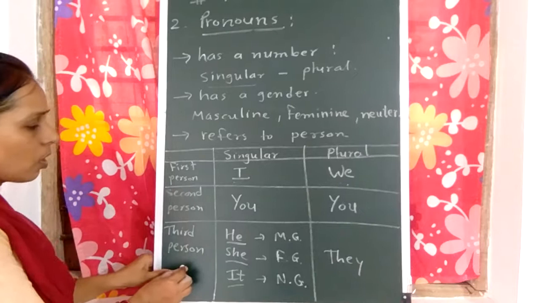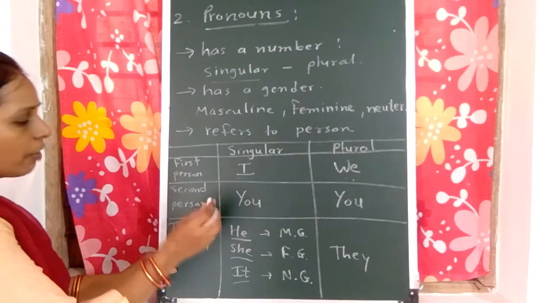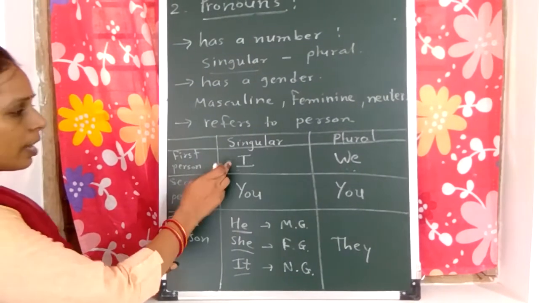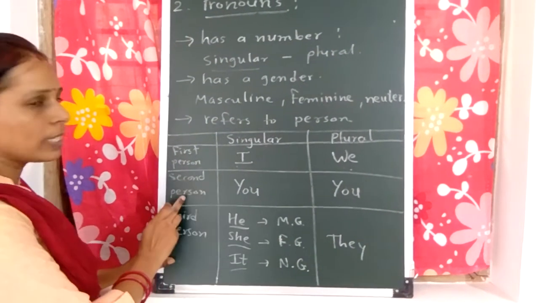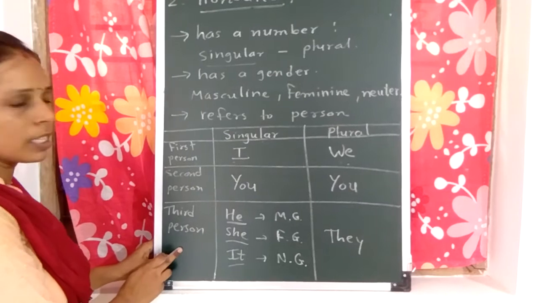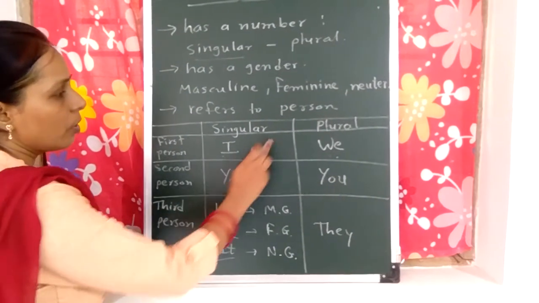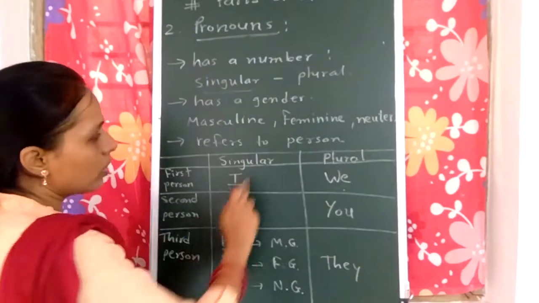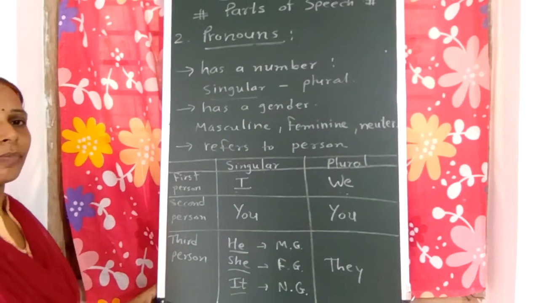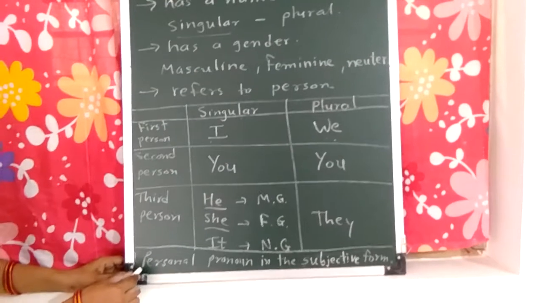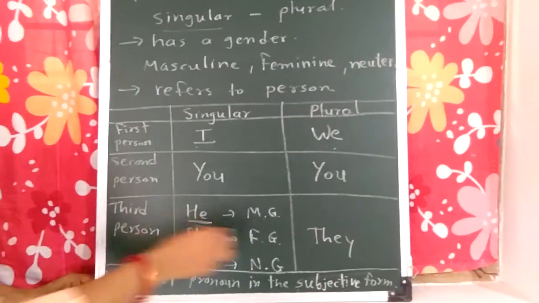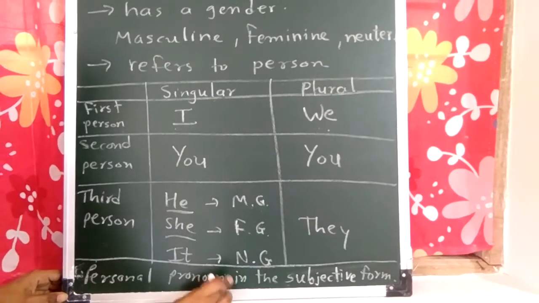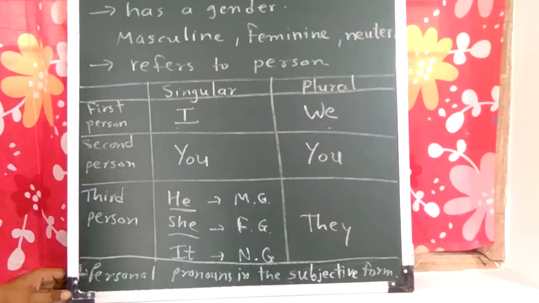We have to use he, she, or it for the third person. I is used for first person, you for second person, and he, she, it for third person, right? You have to remember this table. These are the personal pronouns in the subjective form. You have to write down the title here: this is the table of personal pronouns in the subjective form. Okay?